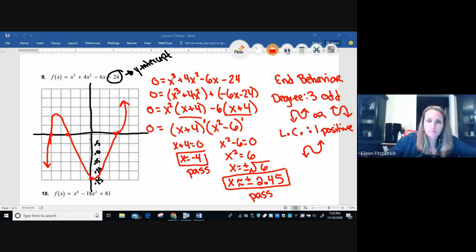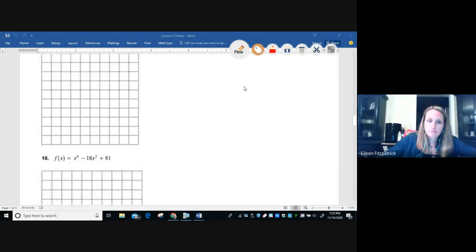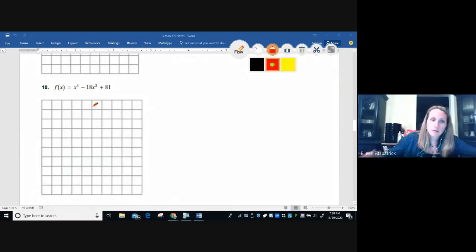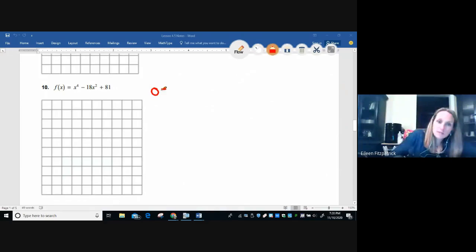All right, last one. So I have 0 is equal to x to the 4th minus 18x squared plus 81. Looking for the GCF, there is no GCF. So then I try to guess and check, reverse FOIL.